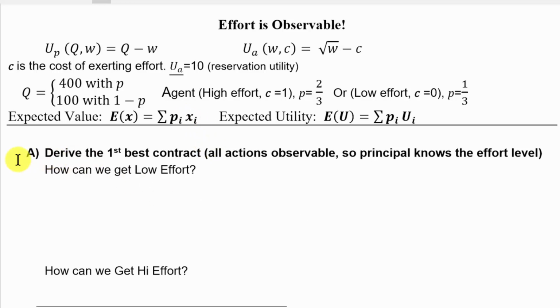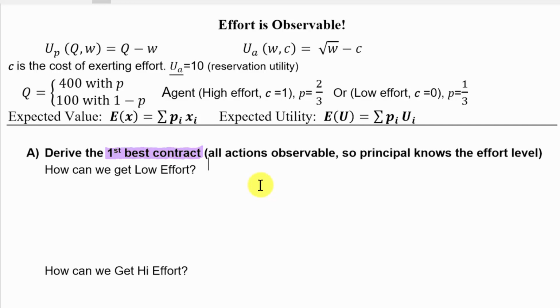So what we're going to do here when effort is observable is derive what we call the first best contract. The first best contract means: if there wasn't any uncertainty to get in the way and cause inefficiencies, what should we do? So how would we get low effort? We don't know whether we want low effort or high effort until we know how much it's going to cost us as the principal to get each.